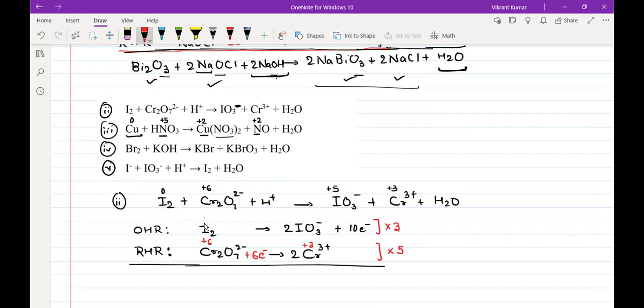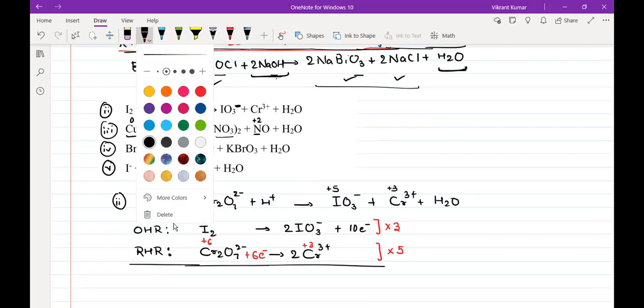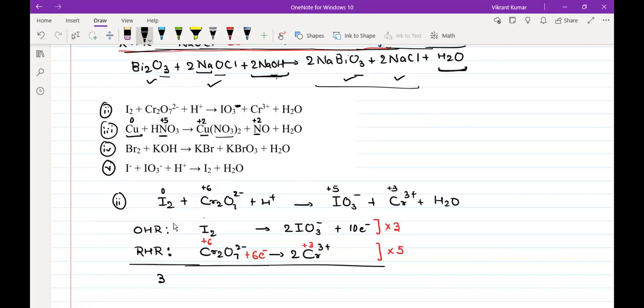Okay. Basically, if I add these reactions, what I'm getting is 3I2 plus 5Cr2O7 2 minus giving 6IO3 minus plus 10Cr3 plus. Now this is ionic in nature, so I need to balance the charge. What is the total charge on the left side?